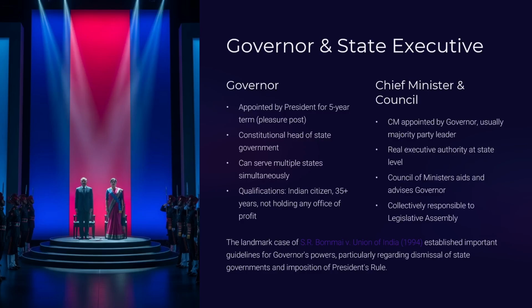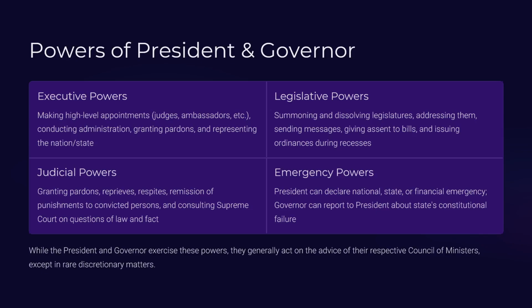The landmark case of S.R. Bommai versus Union of India, 1994, established important guidelines for the Governor's power, particularly regarding dismissal of the state government and imposition of President's rule.